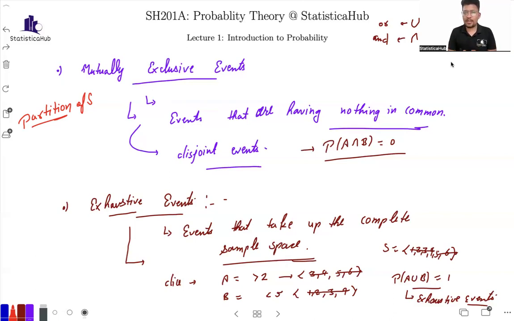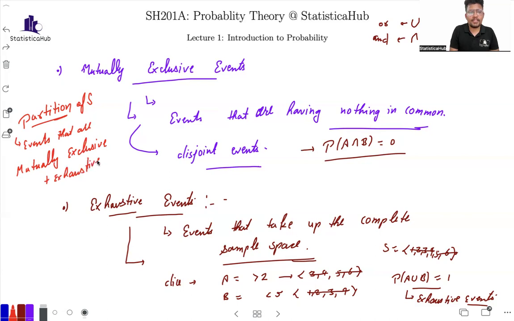So that is known as the partition. Events that are mutually exclusive plus exhaustive make the partition.